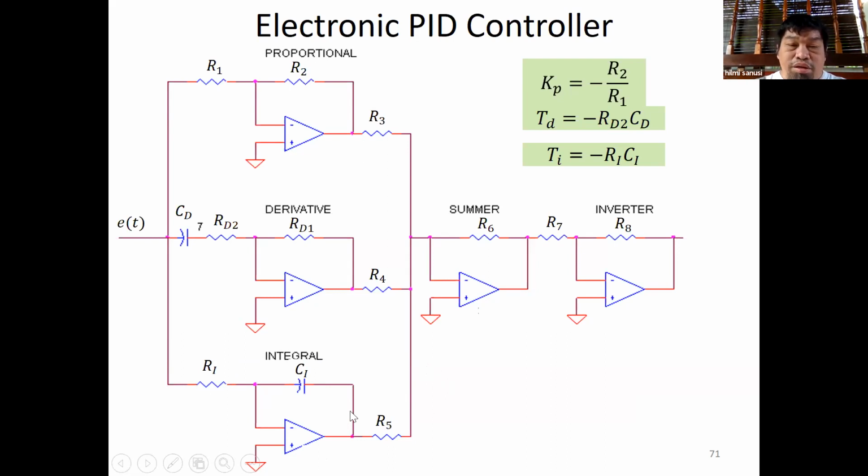Bila you bagi gain from your I, R5 you bagi gain, masalah dia you are not amplifying the signal, you are also amplifying the noise. Itu masalah dalam implementation of this type of controller.